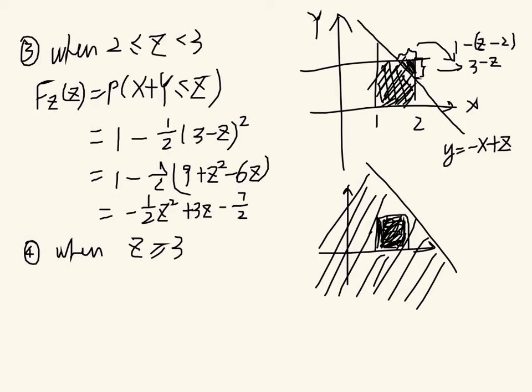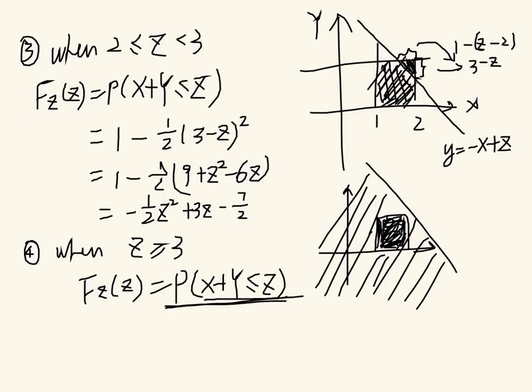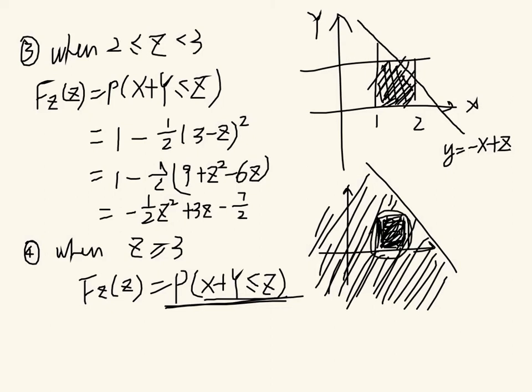So this probability will be 1. So F of z is equal to P of x plus y is less than or equal to z. So this probability is this larger shaded area that totally includes this smaller shaded area. So we got this is equal to 1.